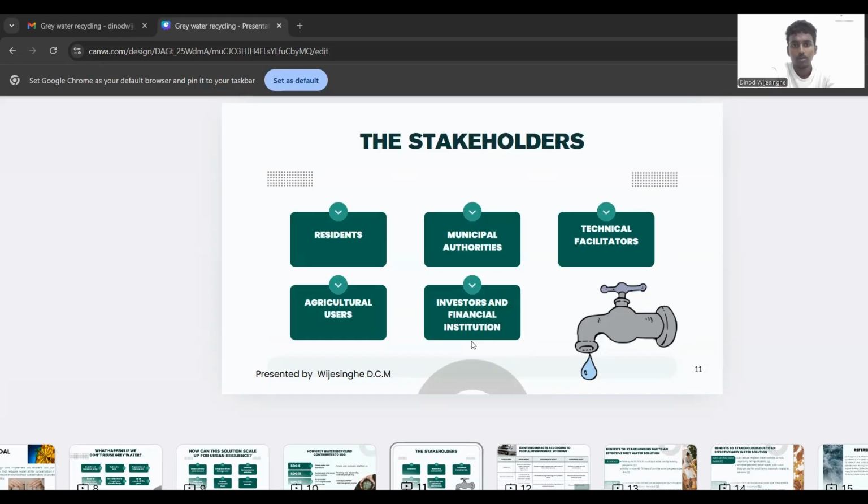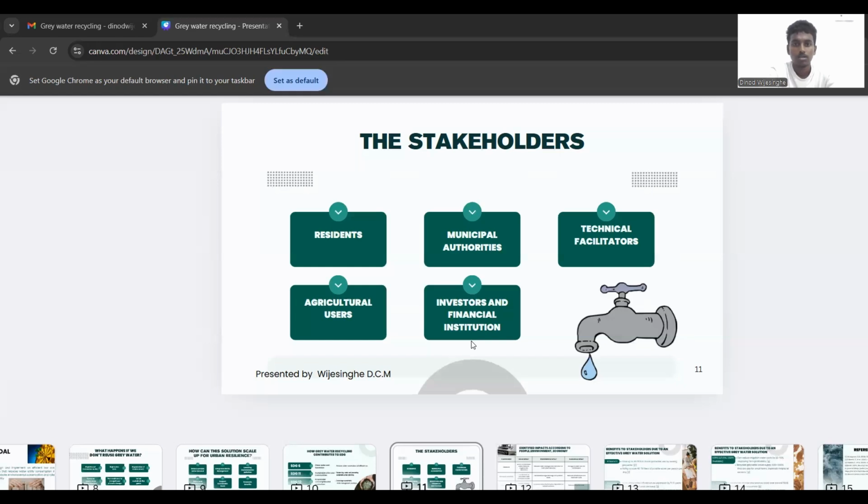Another significant group of stakeholders includes government authorities and regulatory bodies. They provide health and safety standards, legal frameworks, and guidelines to ensure the safe and lawful operation of these systems.